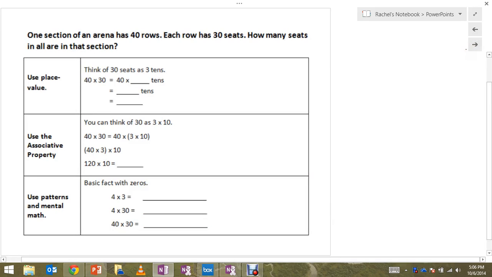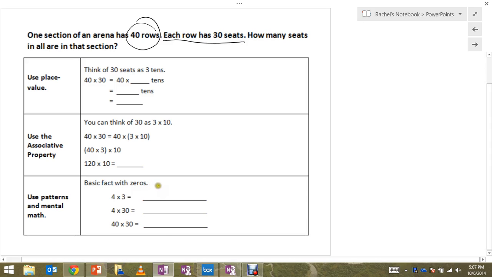Within the student's math spiral, we looked at one type of word problem in which an arena has 40 rows, and each row has 30 seats, looking for the total number of seats in that section. The first one utilizes that place value strategy that we saw before. The second one uses the associative property, where students are breaking up factors and then they're switching how they're multiplying it, or multiplying the first two factors first instead of the last two factors.